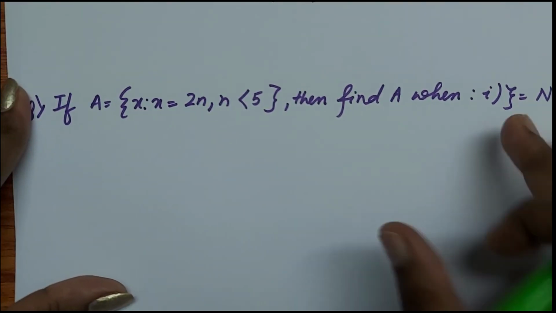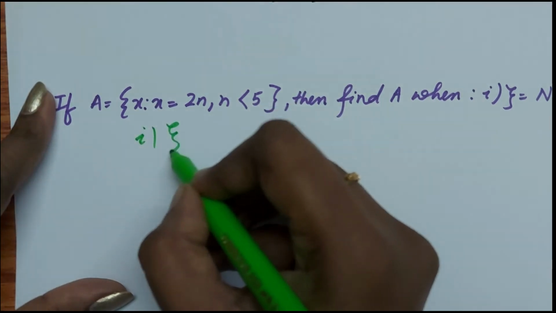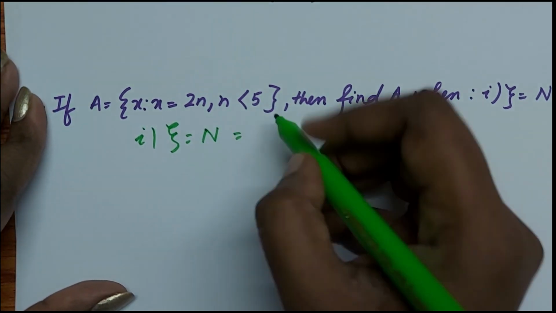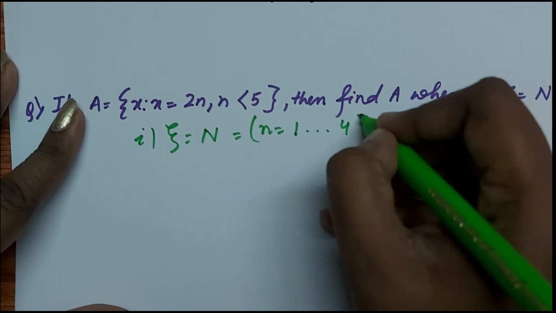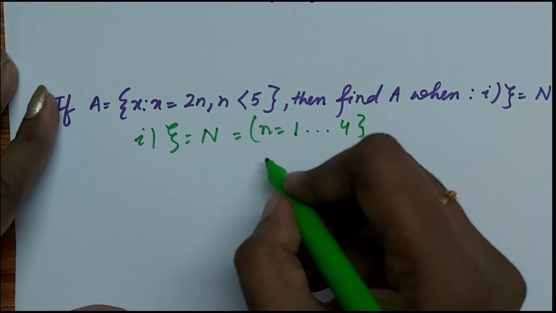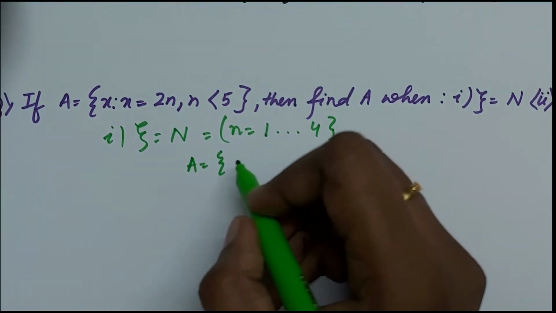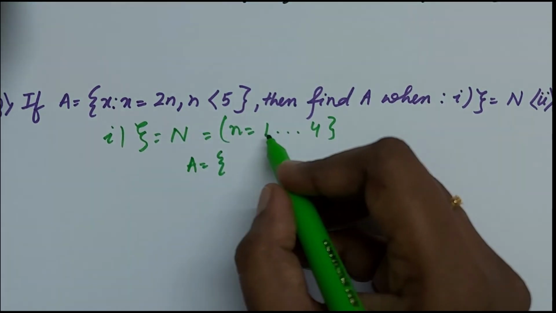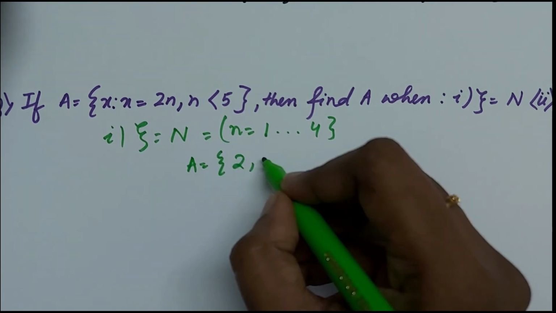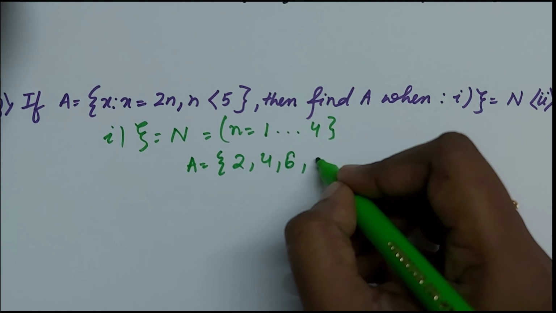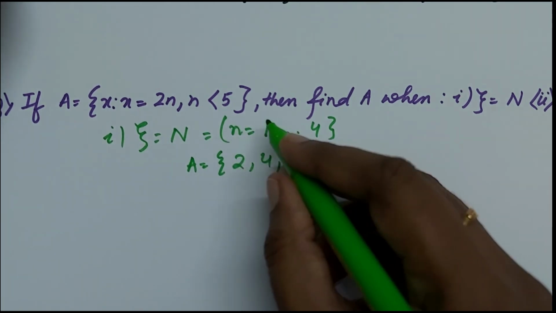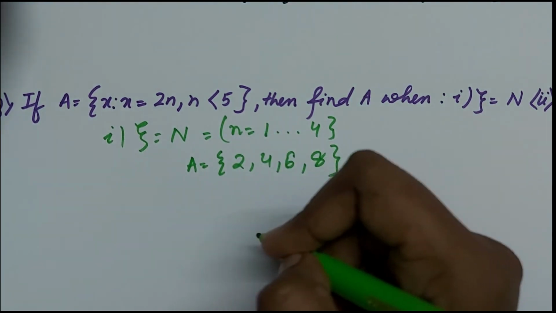So for the first bit, when the universal set is natural numbers, that means we will start the value of n from 1 and go up to 4, because it is less than 5. So what are the values that we will have? We multiply 2 into 1, 2; 2 into 2, 4; 2 into 3, 6; 2 into 4, 8. Because it is less than 5, we cannot include 5.